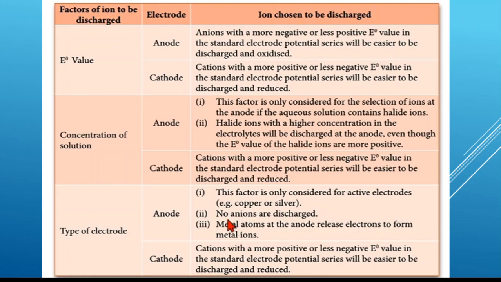Metal atoms at the anode release electrons to form metal ions. So, kita akan tengok contoh. Di cathode pula, cations with more positive or less negative inert value will be easier to be discharged or reduced. Maksudnya is chosen to be discharged lah. Okay? So, ingat faktor ini yang kita kena consider. 1, 2, dan 3.